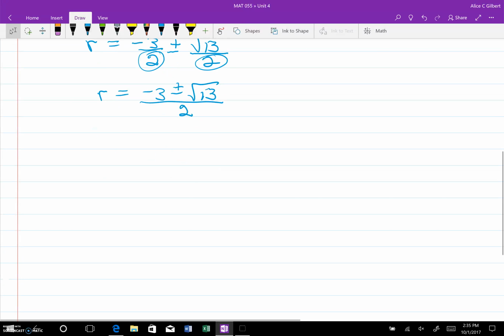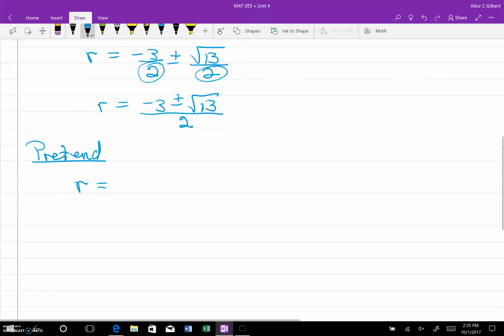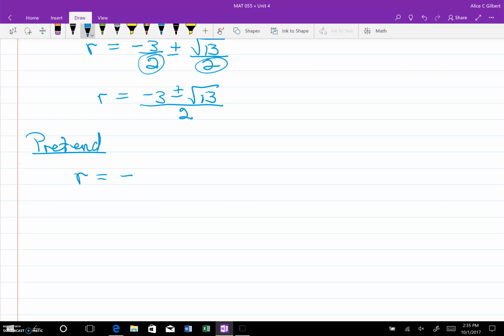Now let's just take a minute and pretend here. Okay, let's say that we got -3/2 plus or minus the square root of 13 over 4. And this was correct, okay? I have to write it over one common denominator.